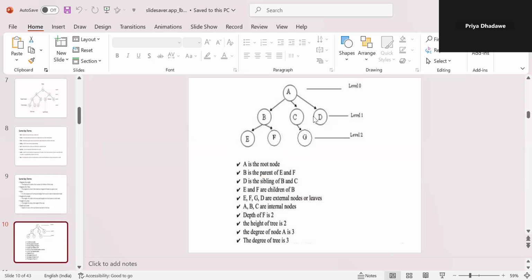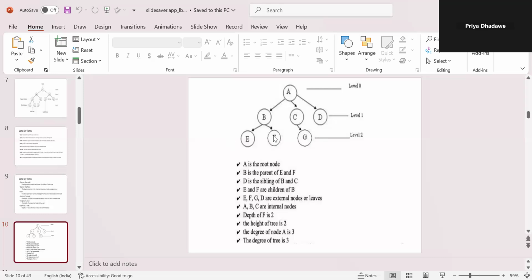B, C, D are siblings because they belong to the same parent. E, F, G, and D are external nodes or leaf nodes. These are the outer nodes, external nodes or leaf nodes. Leaf node in the sense they have no child node. Whereas A, B, and C are internal nodes. That means they have a child node.